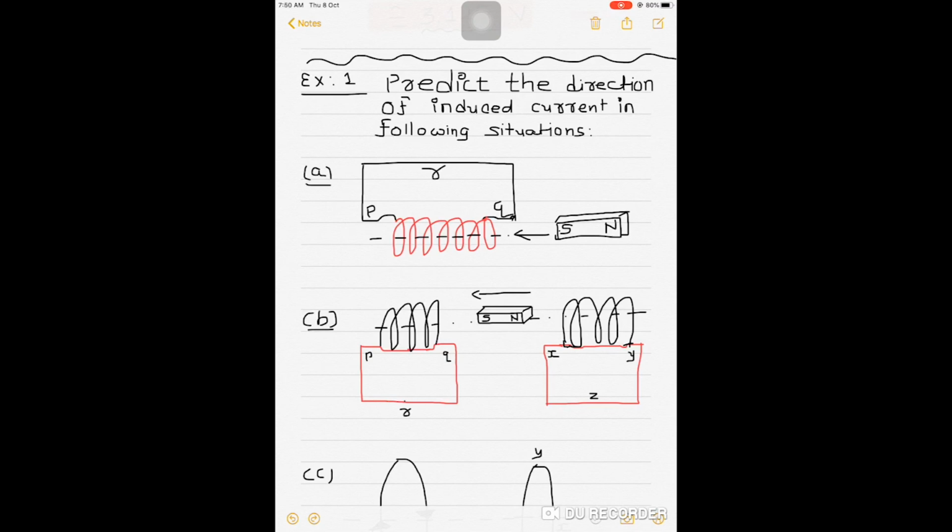As the south pole of the magnet approaches the coil, by Lenz's law, the induced current in the coil develops S pole at the end Q. For this, the induced current should follow a clockwise path when seen from the magnet side, and hence the induced current flows along QRPQ.